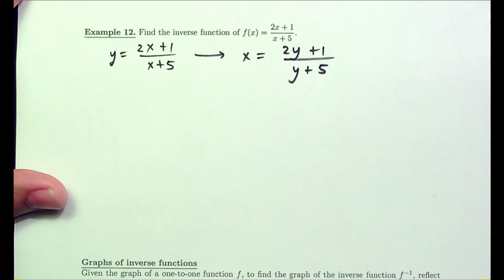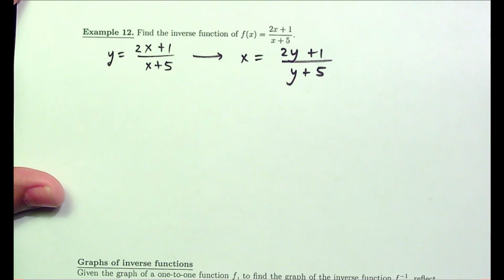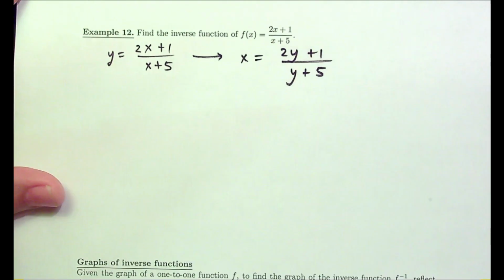Now to solve for y here, you can either multiply both sides by y plus 5, or you can think of this as x over 1 and cross multiply. It's really the same thing.